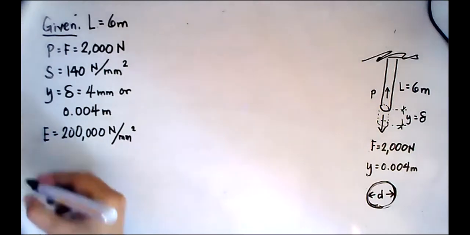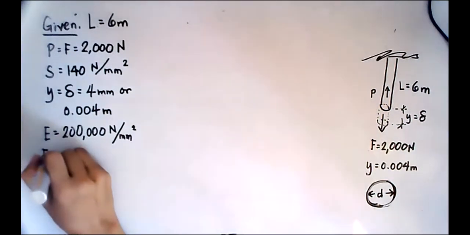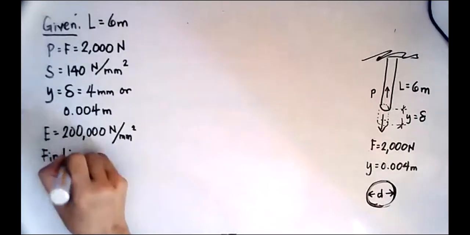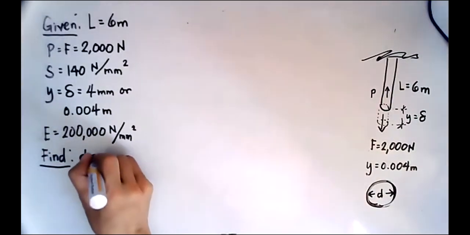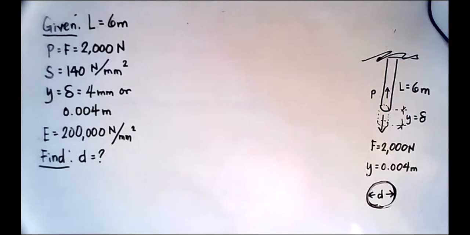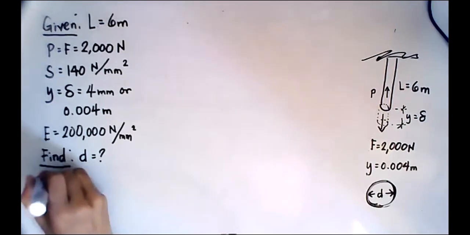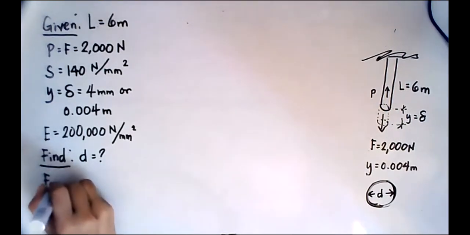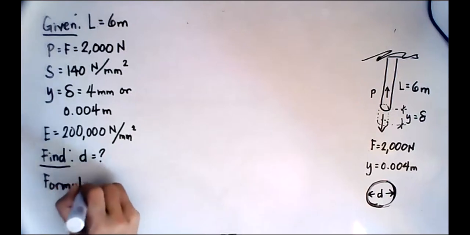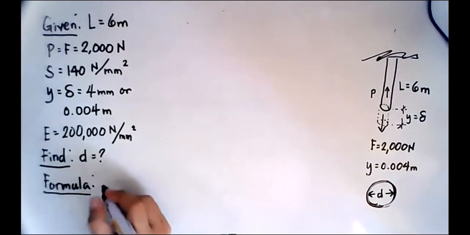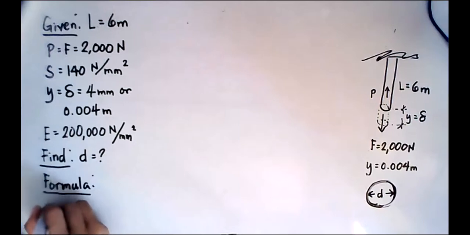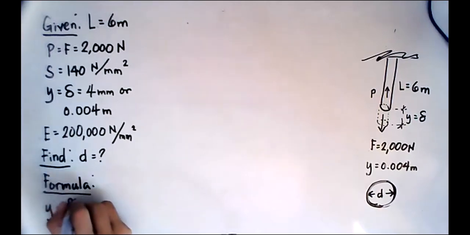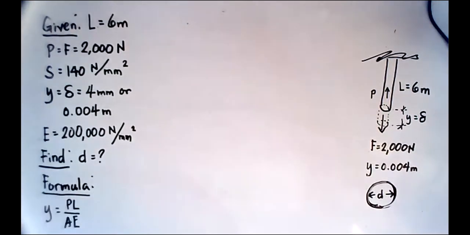And we are going to determine what? We are going to find the diameter of the steel wire. So for the formula, what formula can we use? Again, we have the formula for the elongation, which is equals to PL over AE.